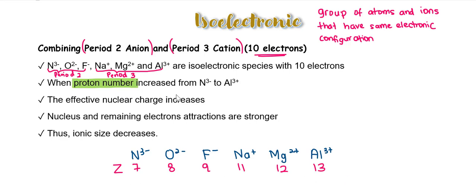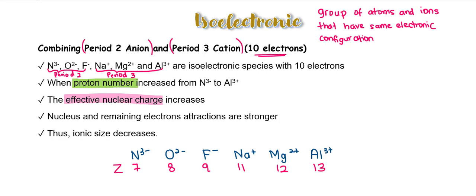So when the proton number increases, of course the effective nuclear charge also increases. The charge that is felt by the outer electrons will increase because the proton number increases.